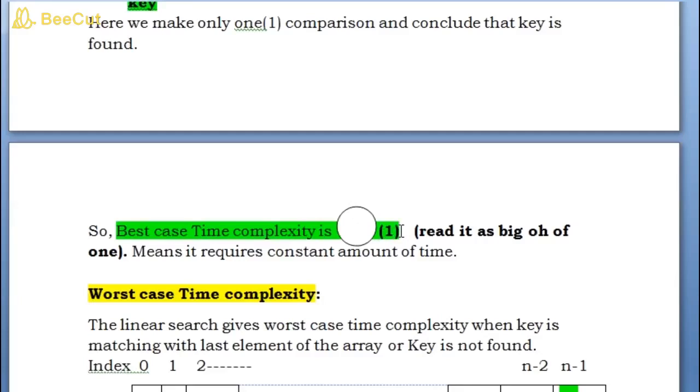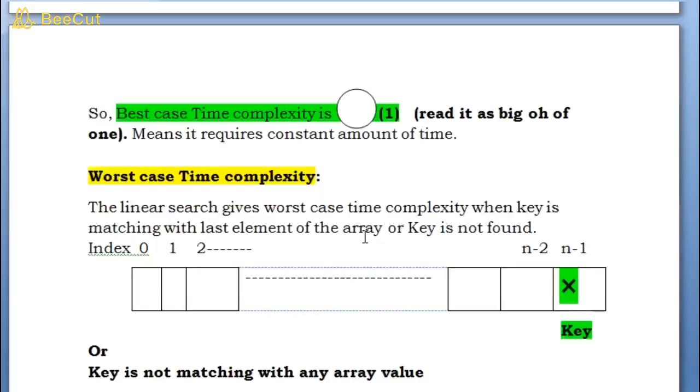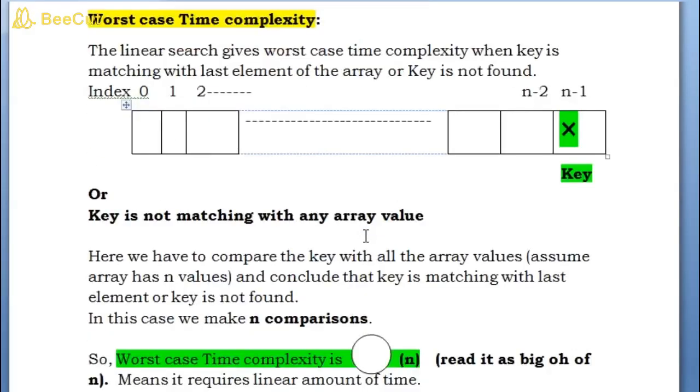This is the least amount of time taken by the linear search for its execution to say that the key is found. What is the worst case time complexity? Worst case time complexity means the maximum amount of time taken by the algorithm for its execution. So the worst case time complexity of linear search is big O of n.